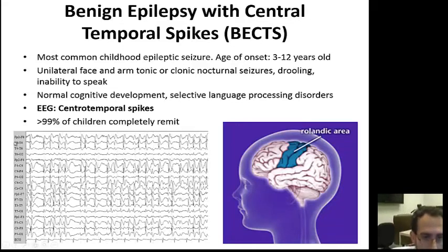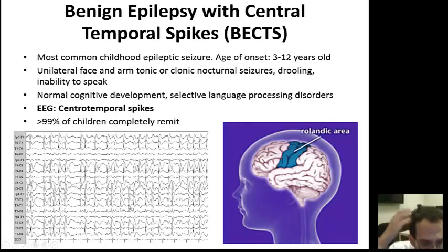Towards the center is the distribution of the EEG. Even though it looks generalized, you can see there's some space spared here, but pay attention more toward the Z area. Whenever you see a Z, as in zebra, it's close to the vertex, and that can translate into a focus in the Rolandic area.